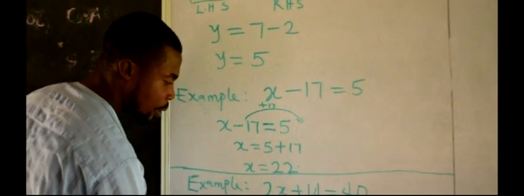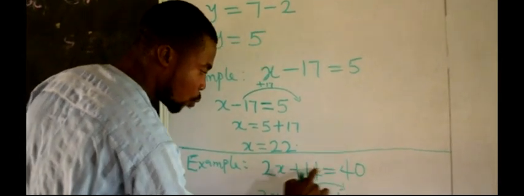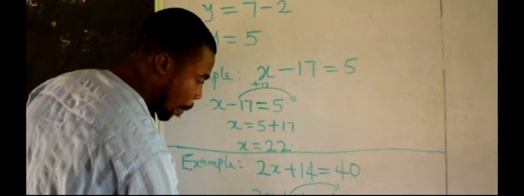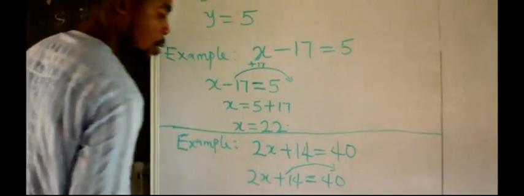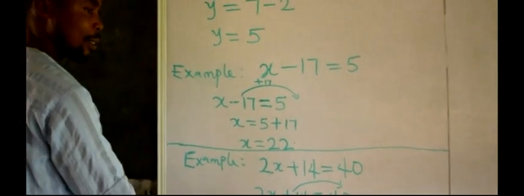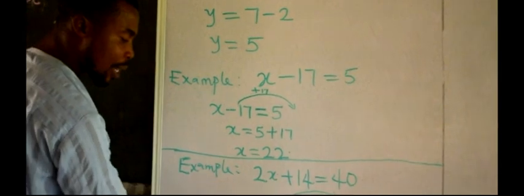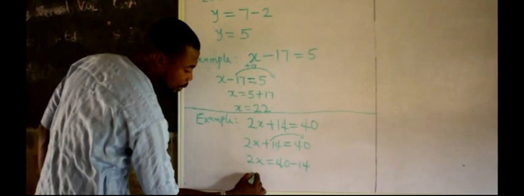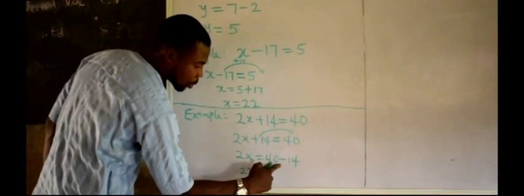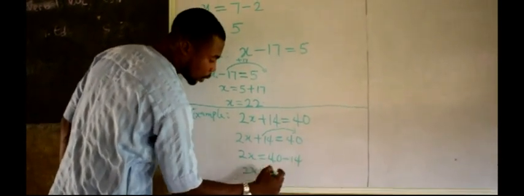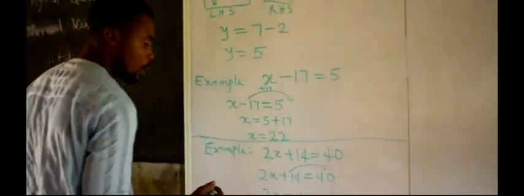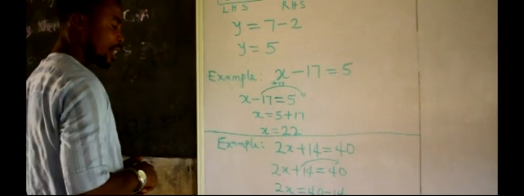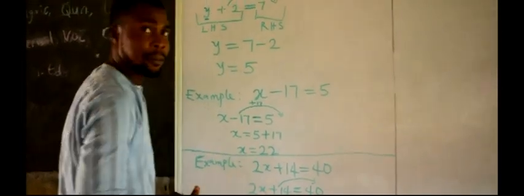That is, 2x is equal to 40 first minus 14. Don't forget, this is our letter. There is a number behind x. So if you subtract 14 from 40, it will give us 26.